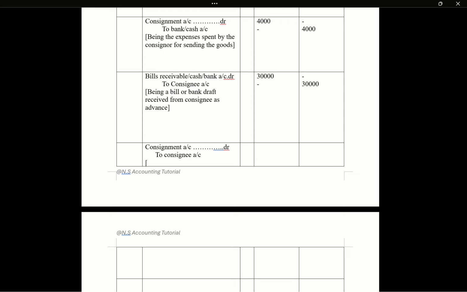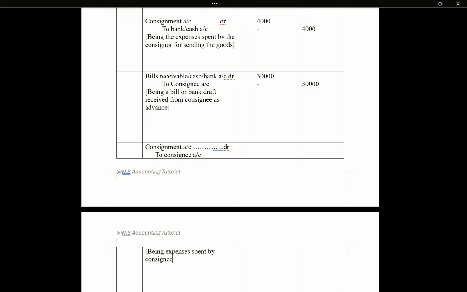Narration being the expenses spent by consignee. Okay, the amount is rupees 2,000.